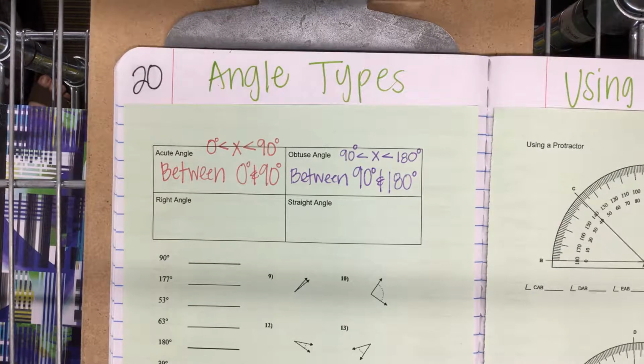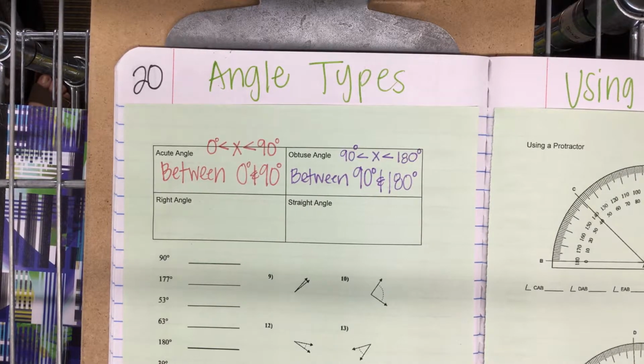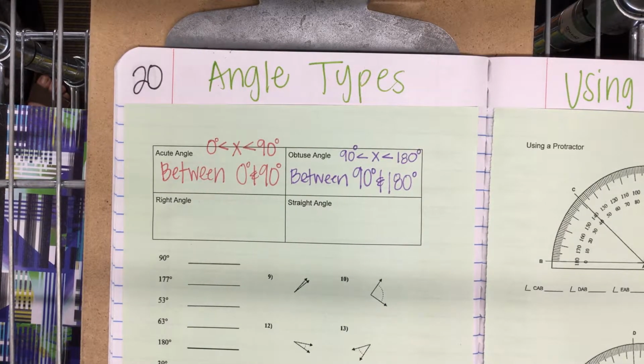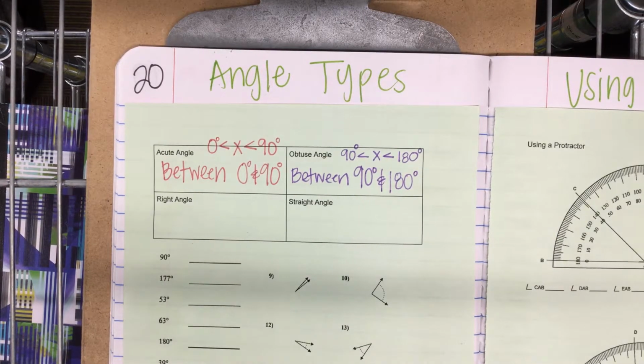They could look really different, right? They're all going to have in common that acute angles are the quote-unquote little angles. There's a different variety of acute angles. Then we have obtuse angles, and there are a wide variety of obtuse angles, but they all fall into that certain range. They're the big angles, right?